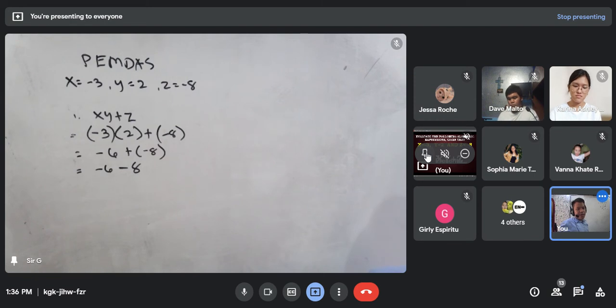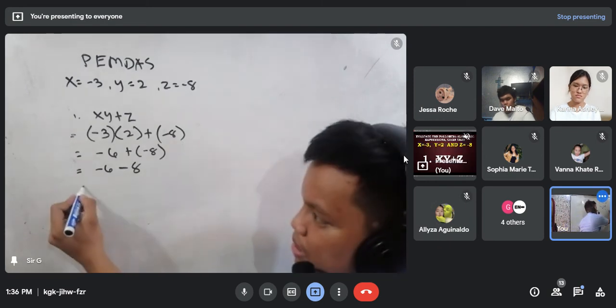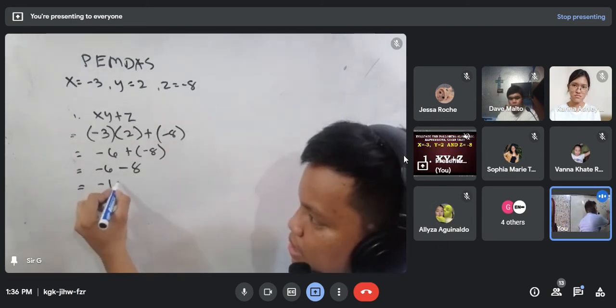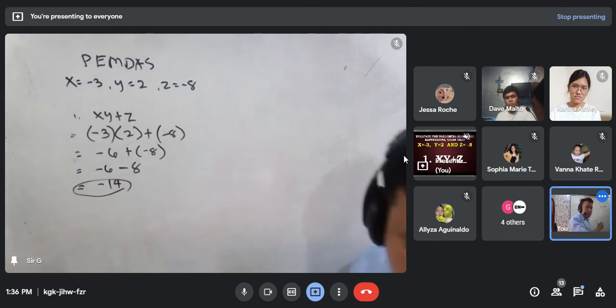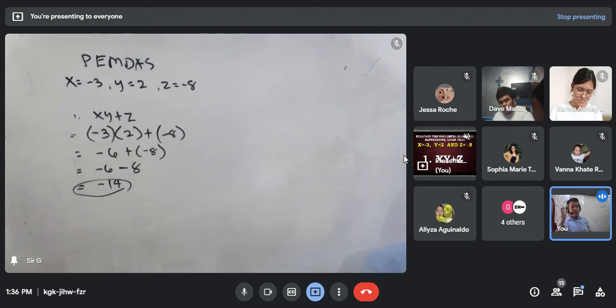Negative 6 minus 8. Okay, so based doon sa calculator, di ba? Based rin sa manually, it will become negative 14. Hello, parehas po ba tayo ng sagot? Parehas naman. Again ha, ganyan, using the substitution method.